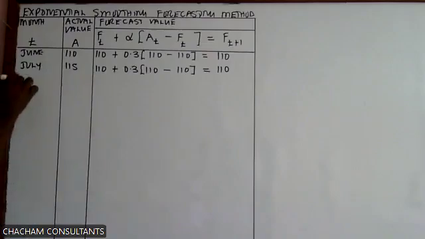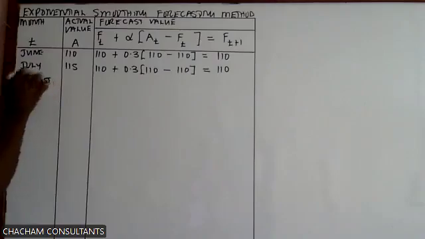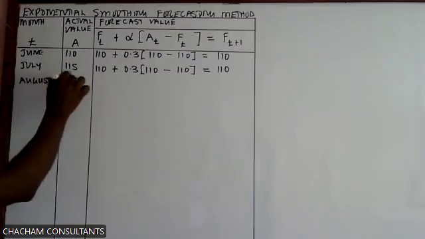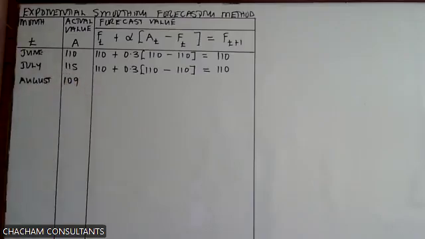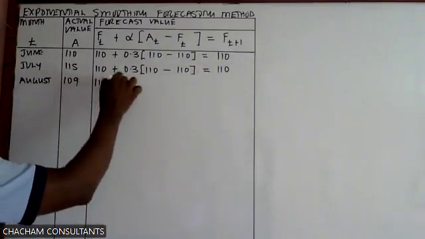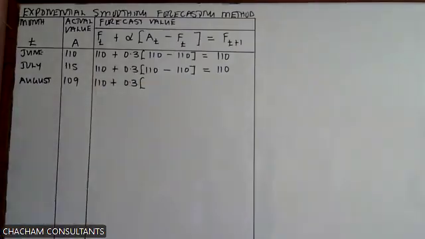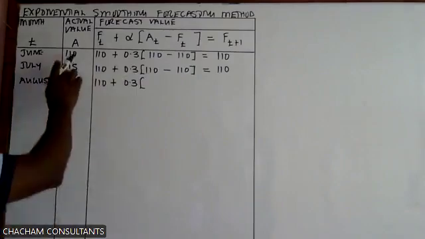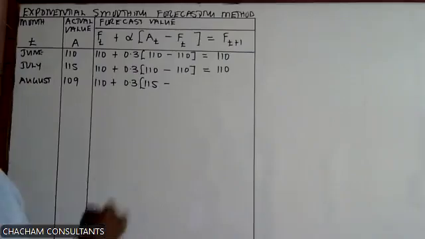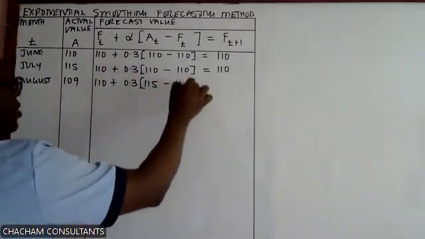When we go to August, the number of units is 109. So the previous forecast comes in here. Alpha remains, to multiply the previous actual 115 minus the previous forecast 110.